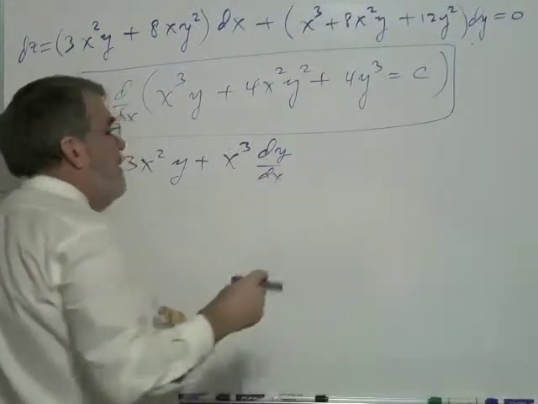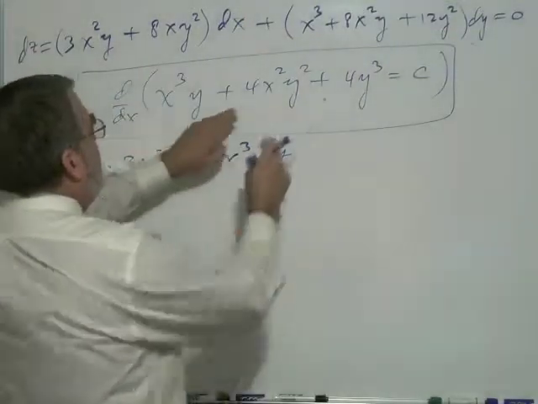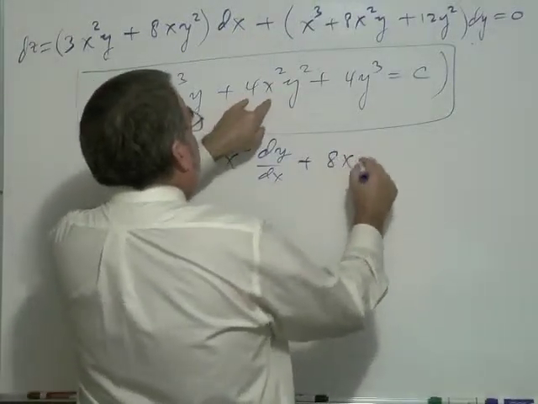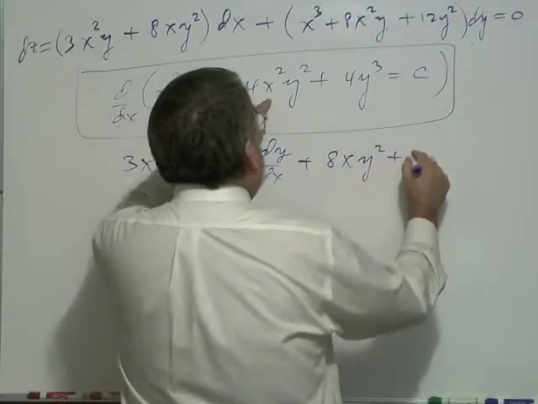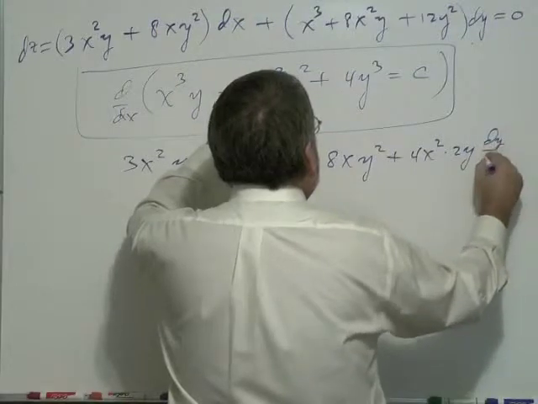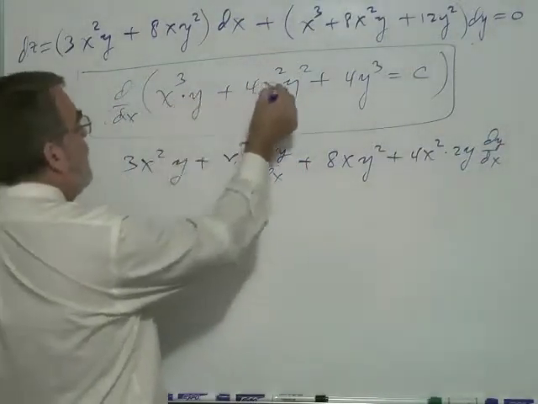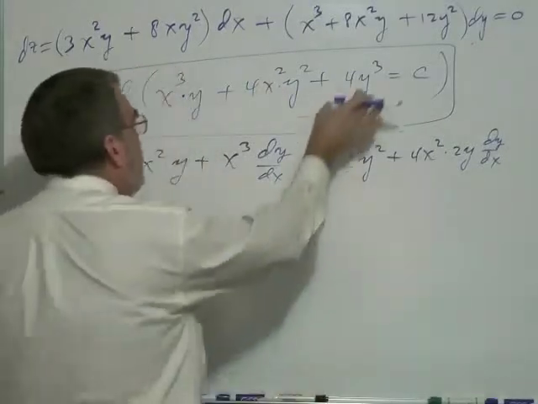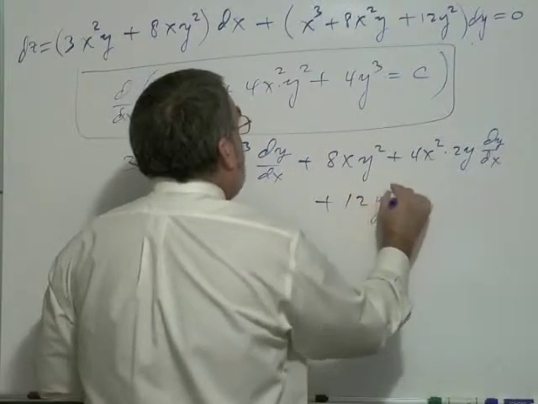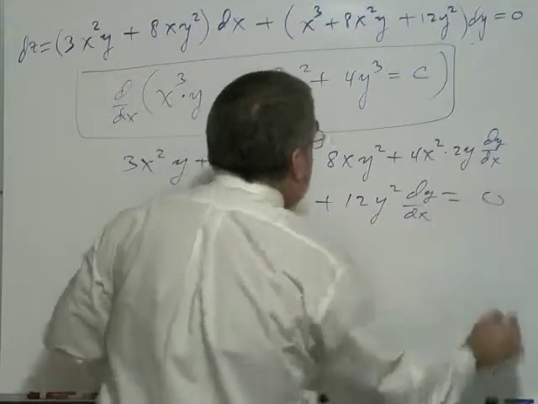And you may have known it in earlier calculus classes, implicit differentiation. Plus, this derivative will be 8x y squared plus 4x squared times 2y dy dx. So again, we have product rules here, which I applied. Finally, this derivative will be 12y squared dy dx, and the right side is going to be 0.